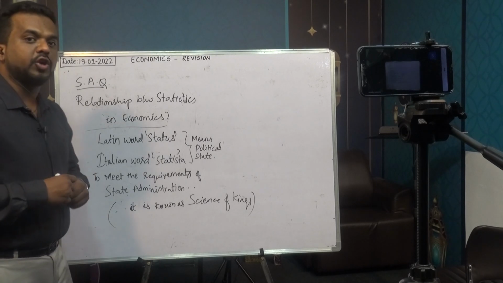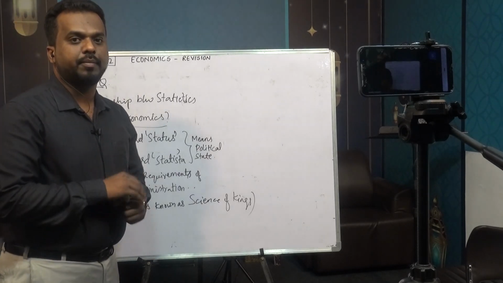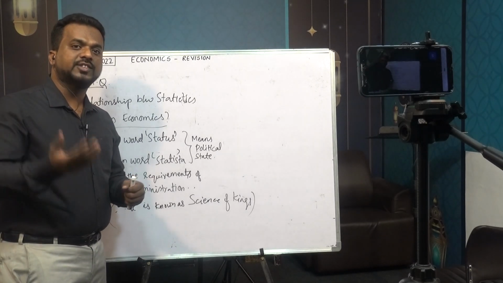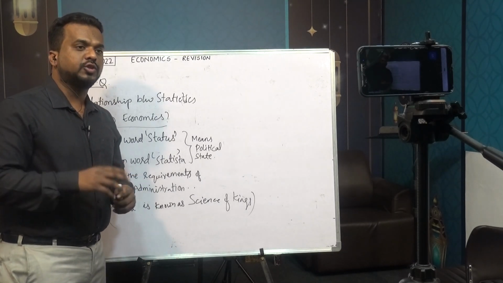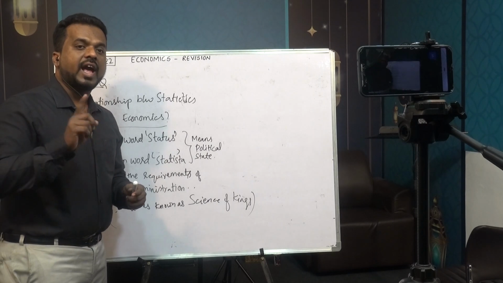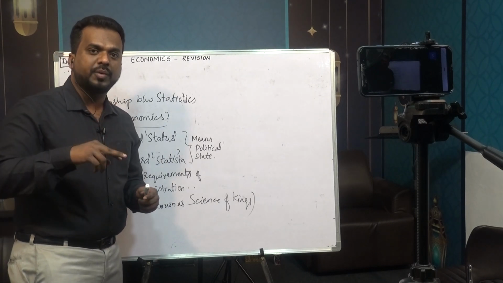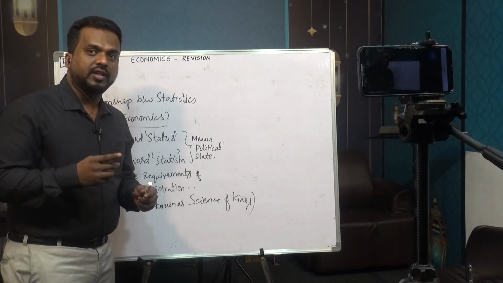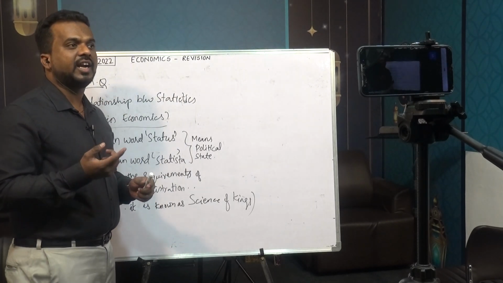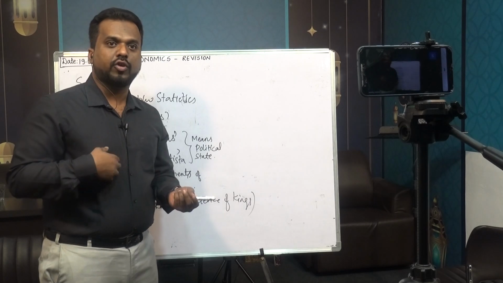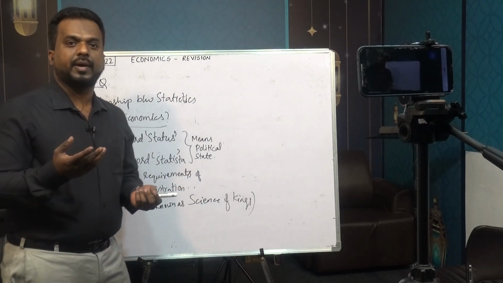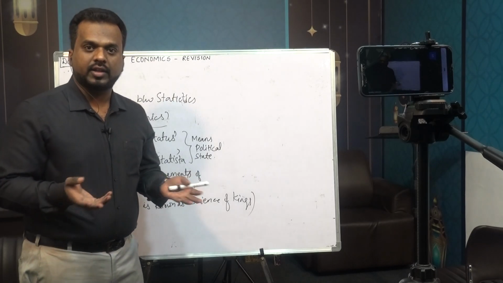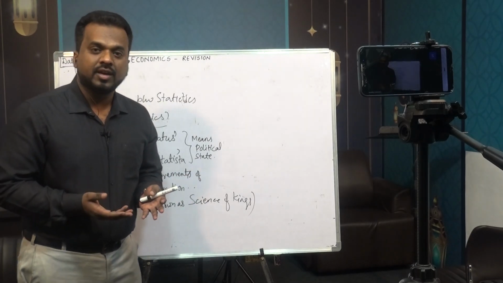Earlier, in order to find out how many people were there in the kingdom, kings used to have statistics. So remember always, any particular numeric form, any numbers that come, we can't say that as statistics. Like we can say a particular dog has 4 legs, that is a number, but that can't be statistics.